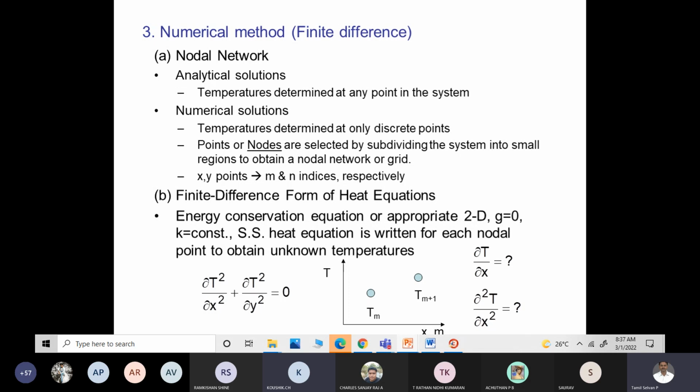Am I correct, students? Yes, sir. So dou square T by dou Z square becomes 0, and there is no internal heat generation, so Qg by K becomes 0. And if it is steady state, the right-hand side dou T by dou t, capital T is temperature, small t is time, that also becomes 0.